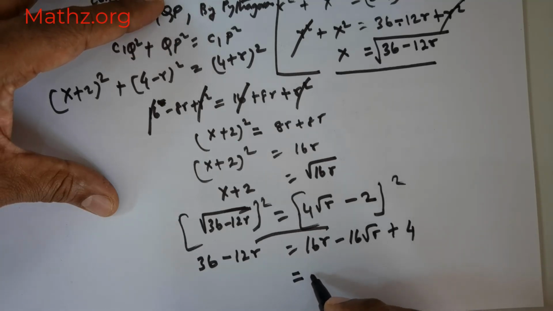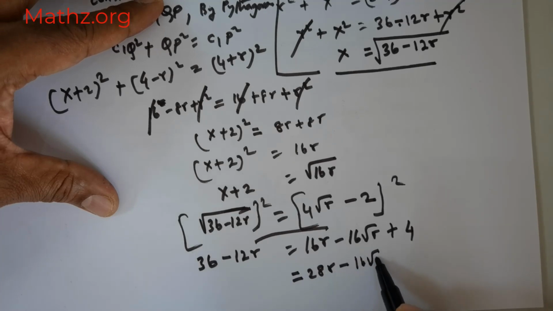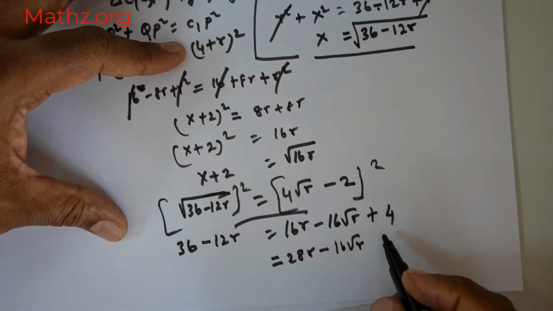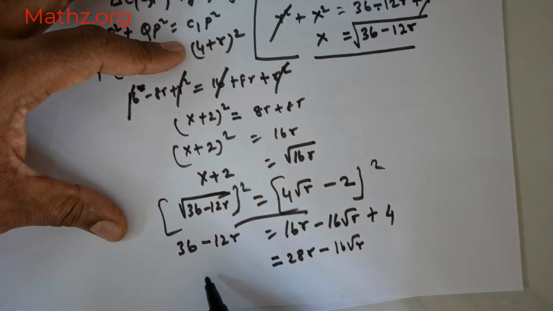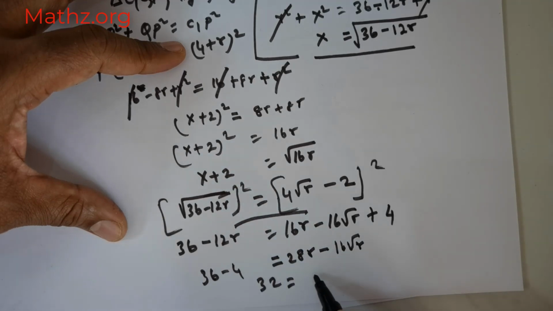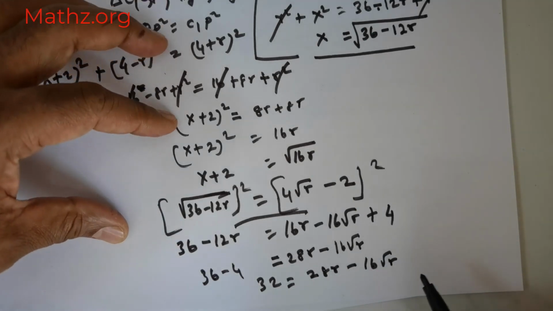So this is going to be 16 and 8 and 28r, and then -16 root of r, and then if I were to push this to that side, you get 36 - 4, which is nothing but 32 is equal to 28r - 16 into root r. Now this is what I've got. Now I need to solve it.